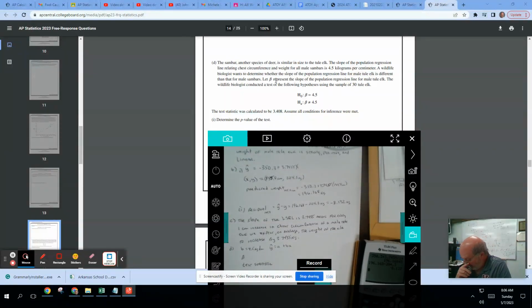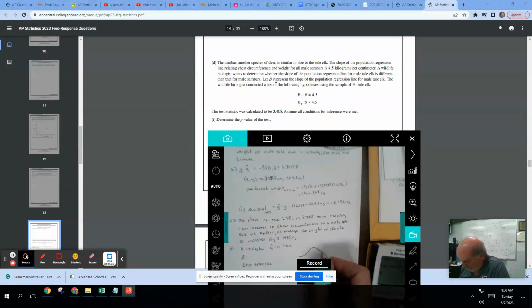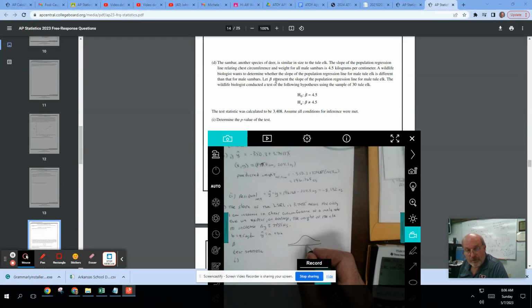Okay, so we're using the 30, so we're going to look at the t-distribution for beta equals 4.5. Our test statistic was calculated to be 3.408. So we're looking at 4.5 and 3.408.